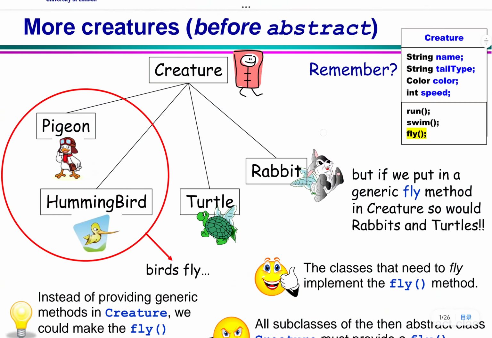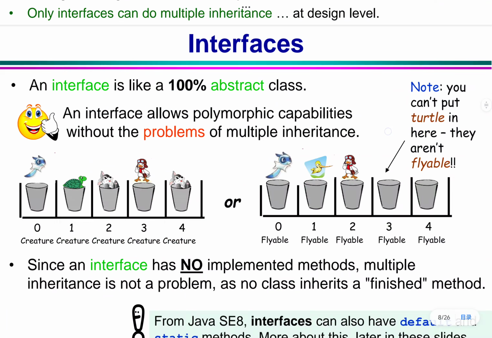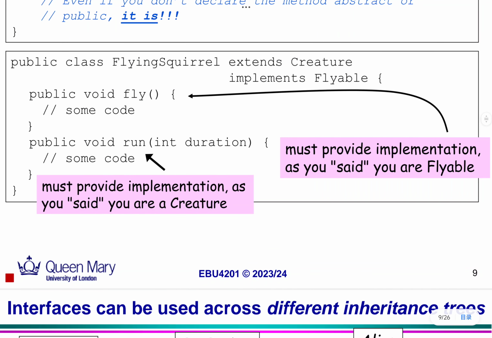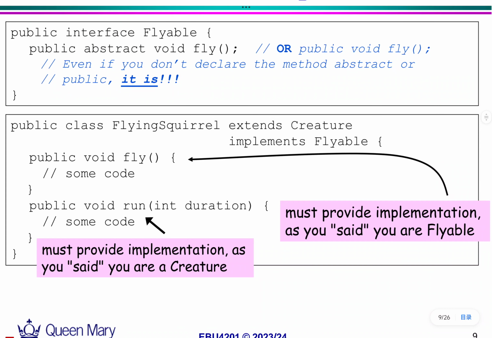We don't have the example code. Implements Flyable. Extend and implement.